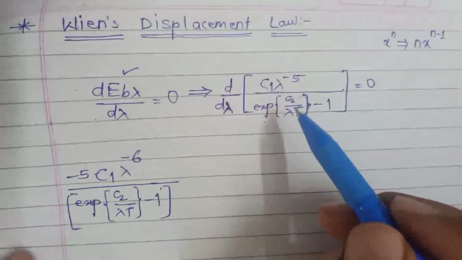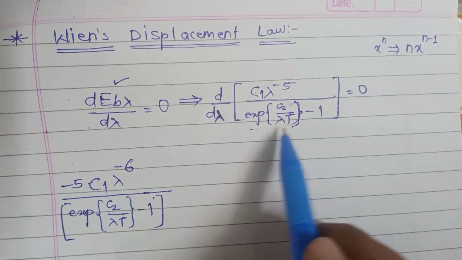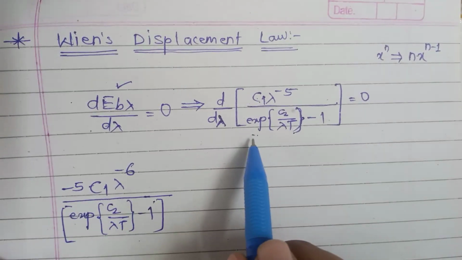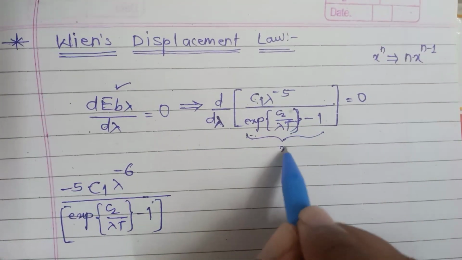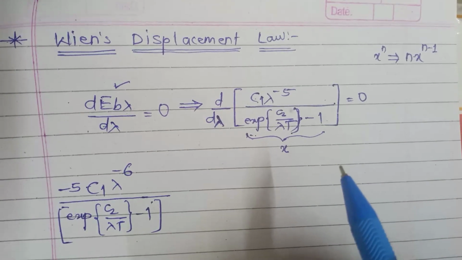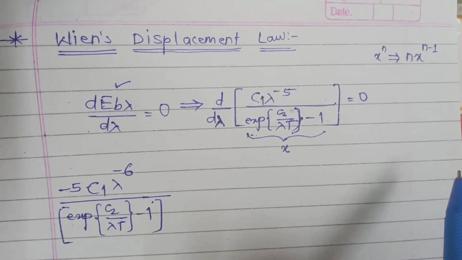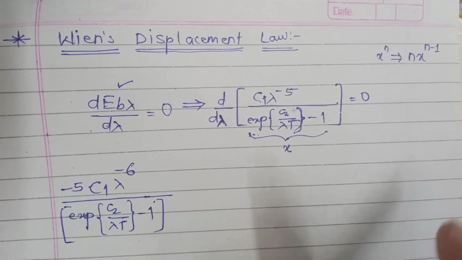Now we need to differentiate the denominator. In the denominator, this is the term which is related with lambda. So firstly we will see what its differentiation will be. This entire term can be considered as x, and as we know, differentiation of 1 upon x is nothing but minus 1 upon x square. So simply we will write it like that.